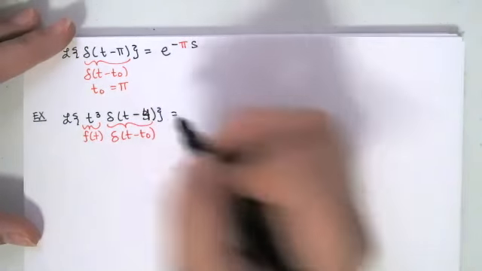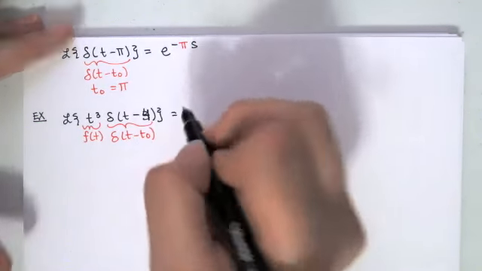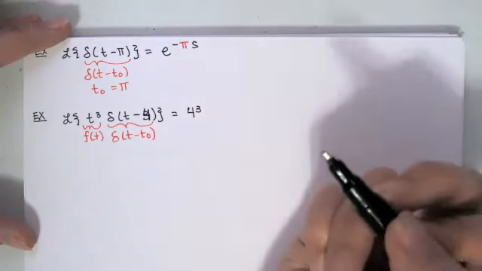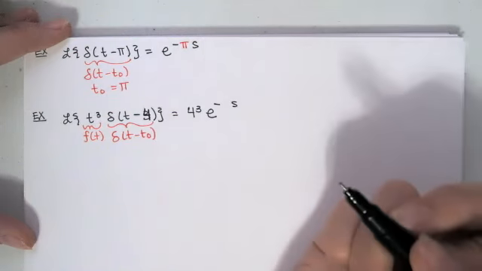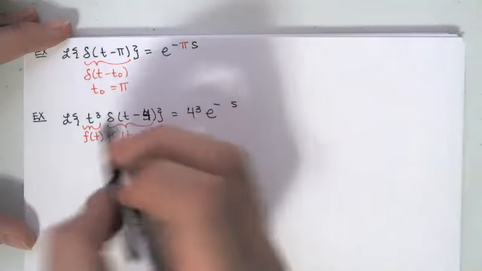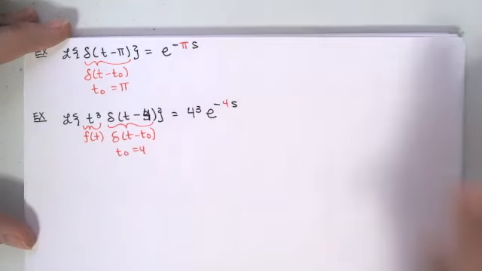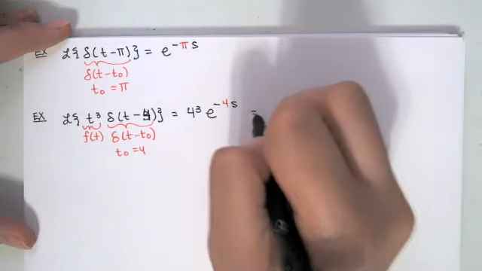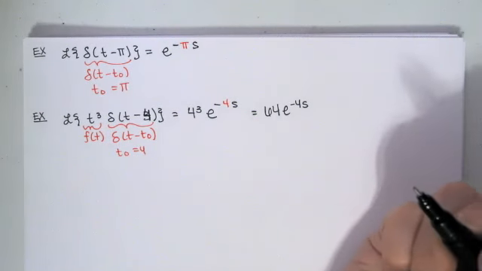This is a shifting function, so what this does is it evaluates this function at t equals 4. So we're going to have 4 cubed, and then it multiplies it by e to the negative s times t naught. Matching the patterns, we see that t naught must be equal to 4. So we end up with 4 cubed, which is 64, times e to the negative 4s.